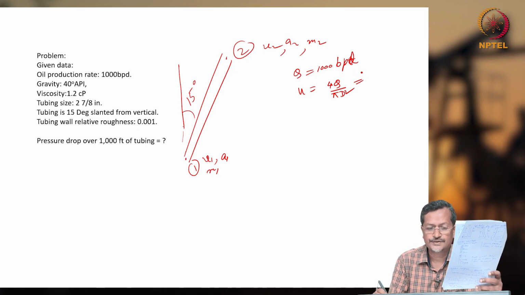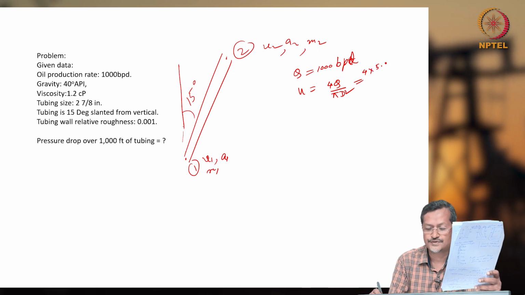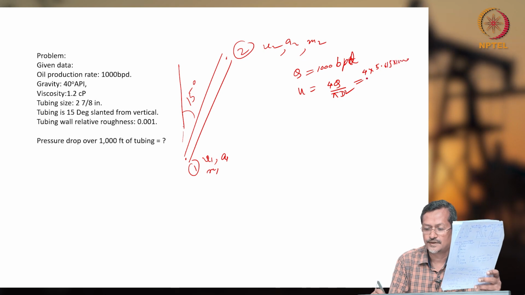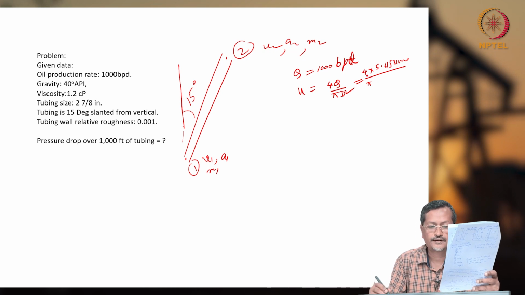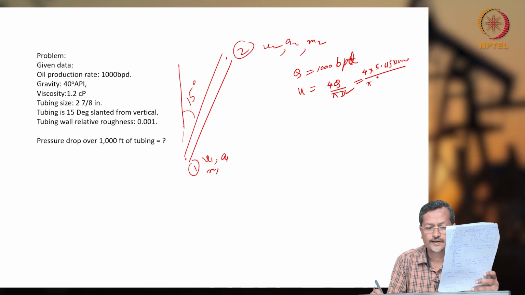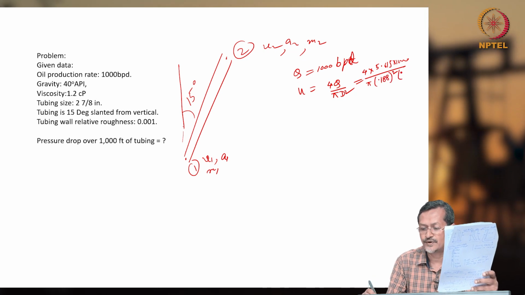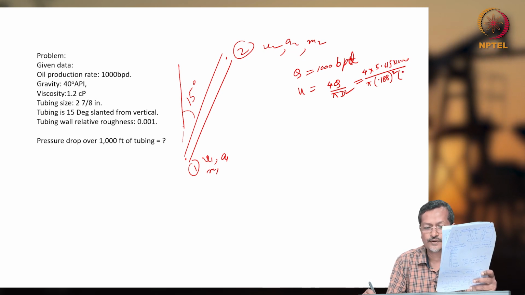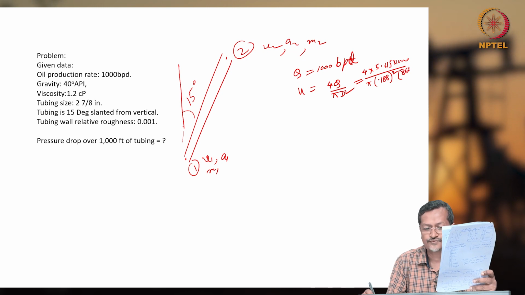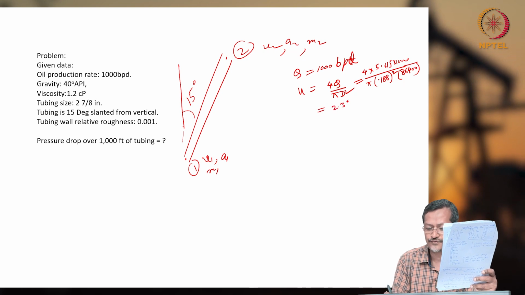So it will be 4 into the unit conversion 5.615 into 1000, divided by pi, then you convert the diameter, 0.188 squared, and you convert into seconds. That barrel per day you have to convert into seconds, so 86,400. So finally this gives 2.34 feet per second.